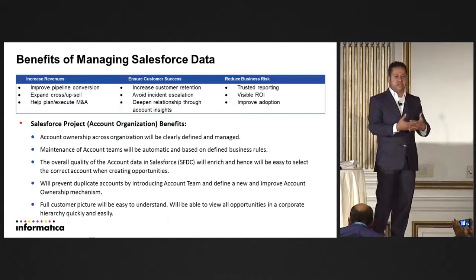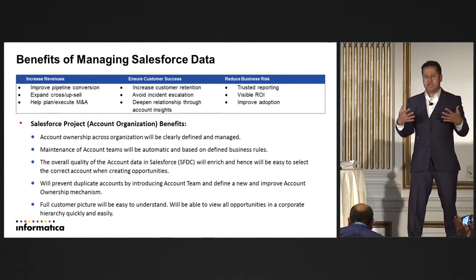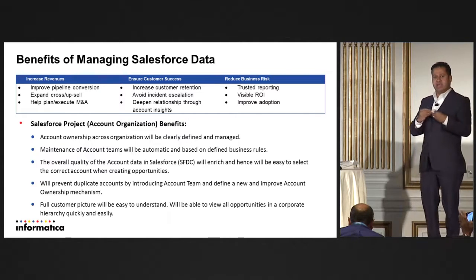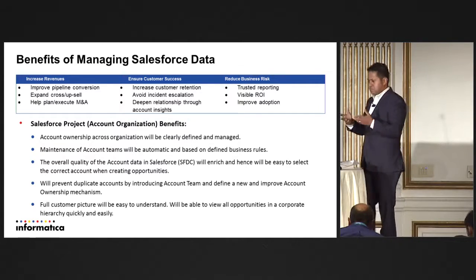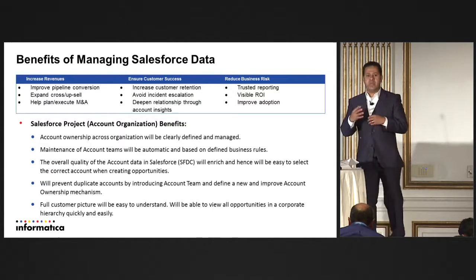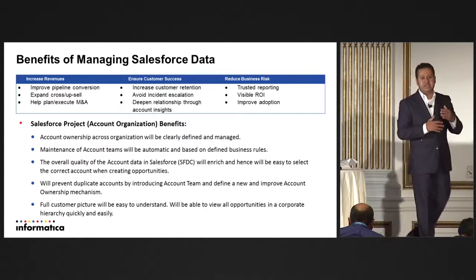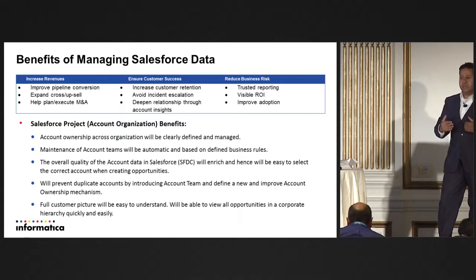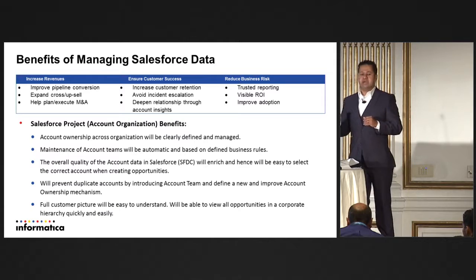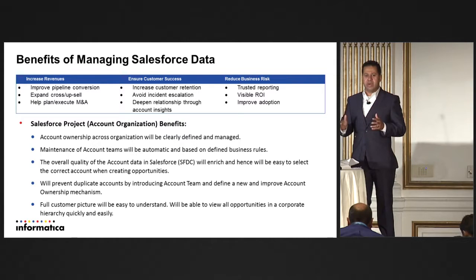So we introduced the account team, which is a custom solution we provided, including Informatica real time. The account team gets created automatically. It's not manually maintained. It's maintained by the job that we set up in the back end. All accounts are created, maintained, and owned by Crawford Company.